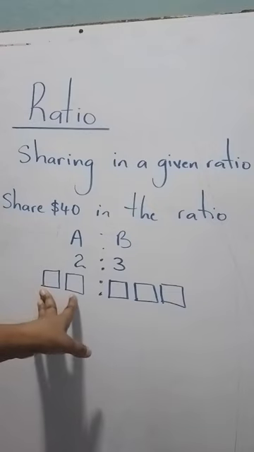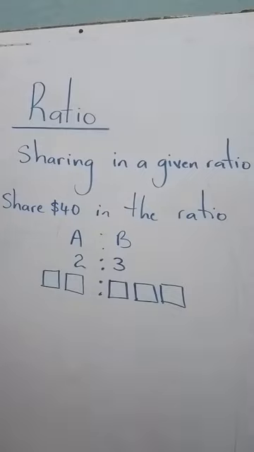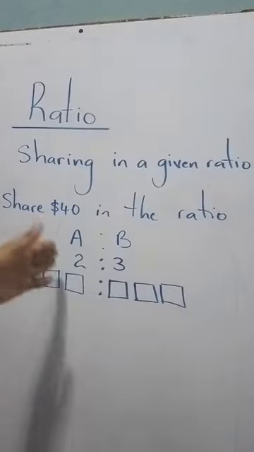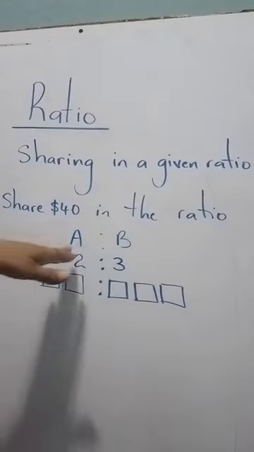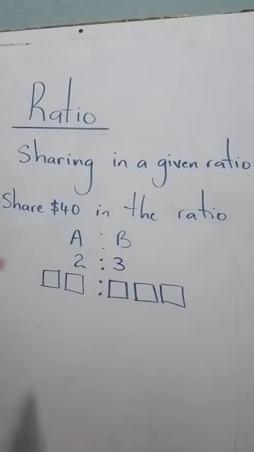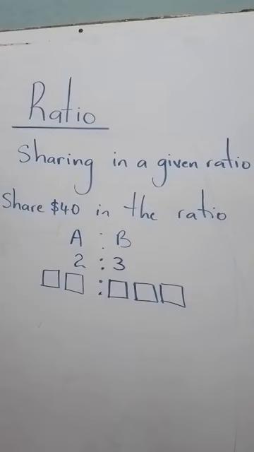Such that this one gets 2 equal parts and this one gets 3 equal parts. Which means that whatever the whole is, remember we spoke about comparing part by part versus comparing to a whole. Now, if it is A and B that is being shared, such that A gets 2 and B gets 3, then the whole that is comprising of A and B should be divided into 5 equal parts, right?